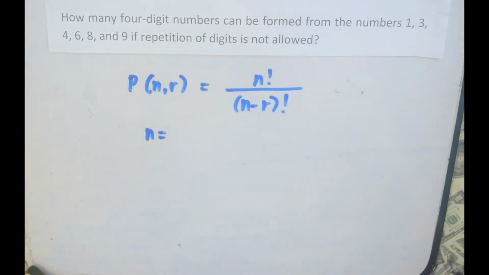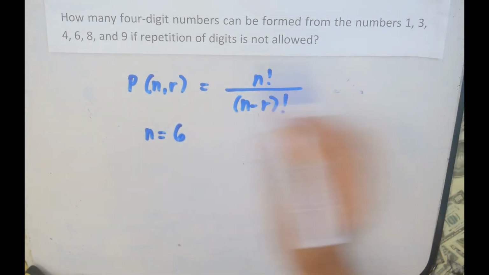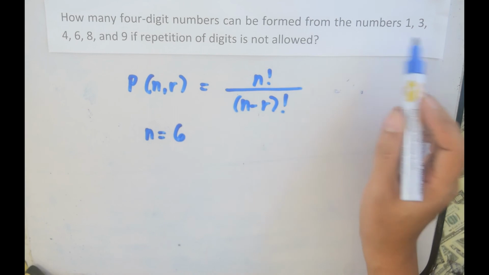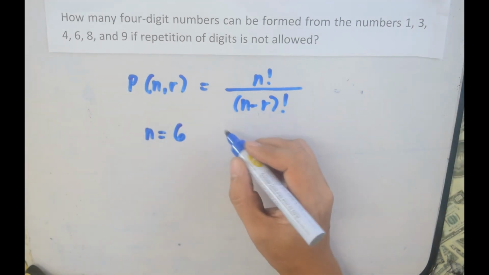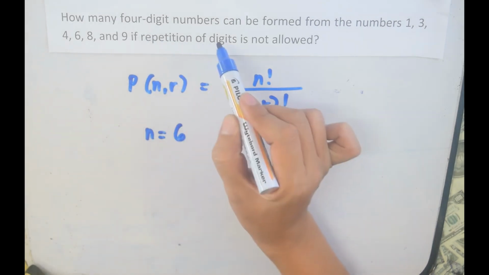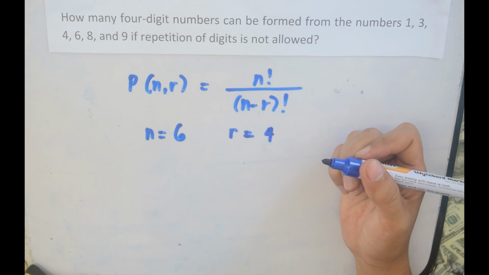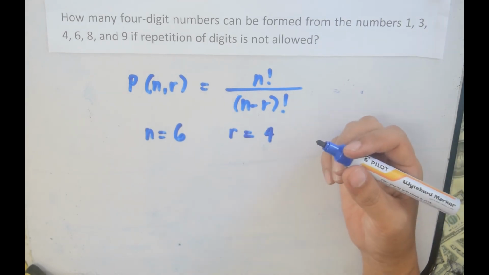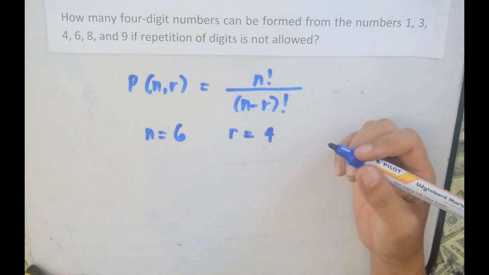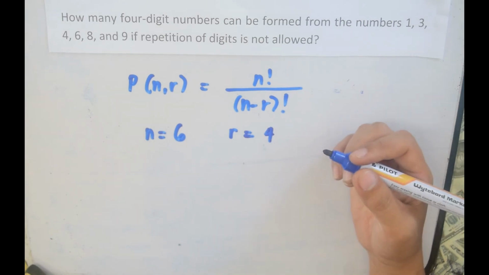There are 6 numbers, right? What are the 6 numbers? 1, 3, 4, 6, 8, and 9. And we have your r here. Since you are going to form a 4-digit number, your r is 4. Because in every arrangement, there are 4 elements, because you are going to form a 4-digit number.